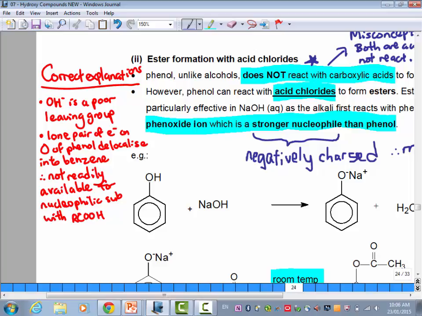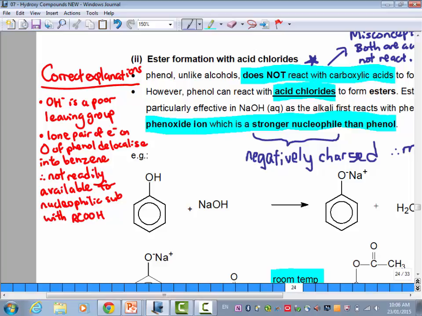So previously in alcohol, we learned that esterification is a slow and reversible process. So to counter this problem, we use a more reactive reagent in the form of acid chloride. Similarly, we are going to use this approach in order to get ester from your phenol. Just react phenol with acid chloride at room temperature.